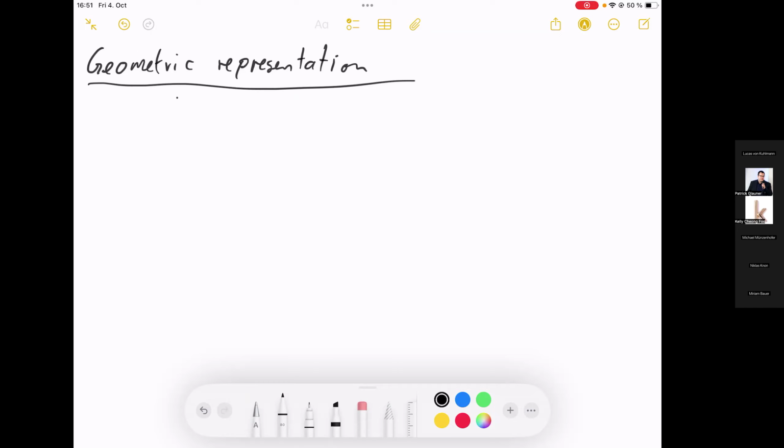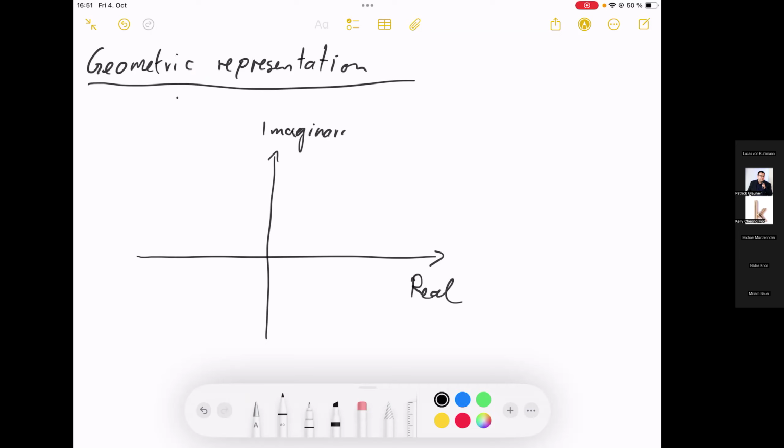For example, we can put our coordinate system here, and we can have a real part and the imaginary part there. And so we can represent our complex numbers as vectors.